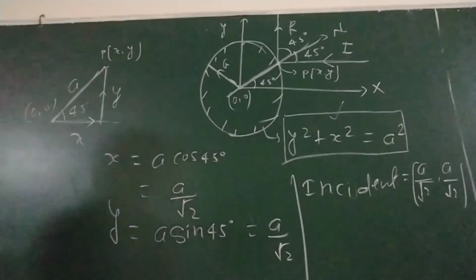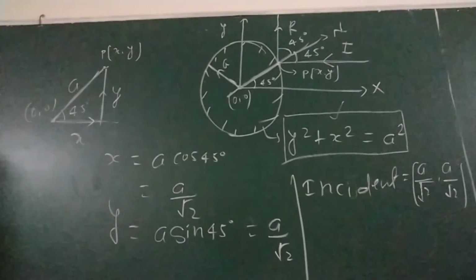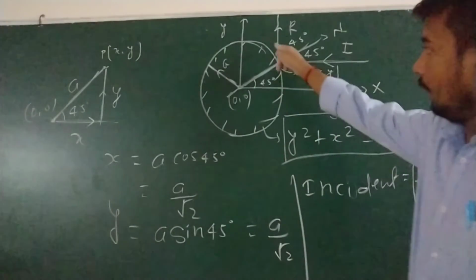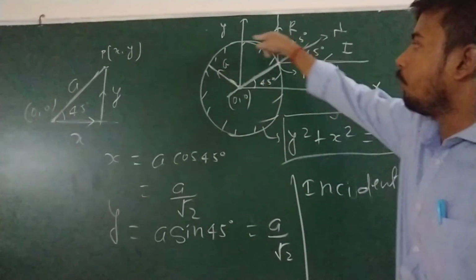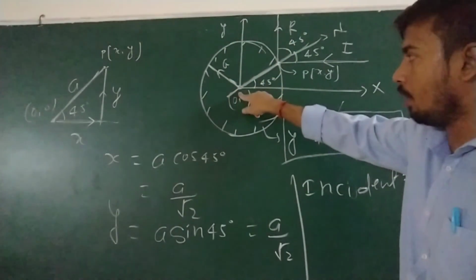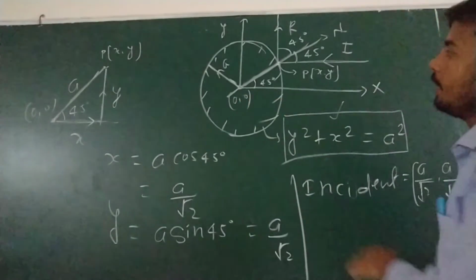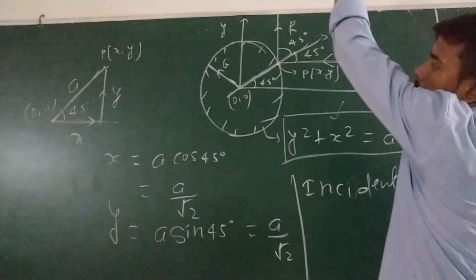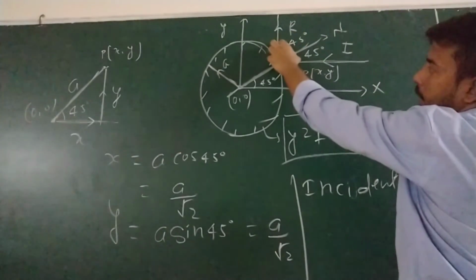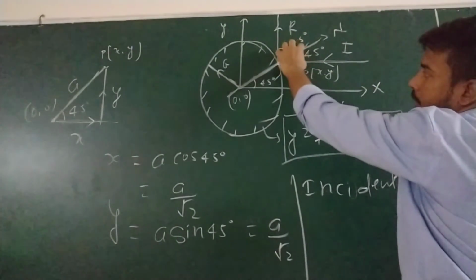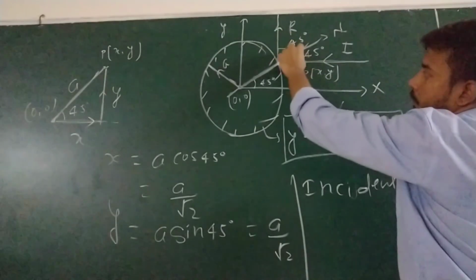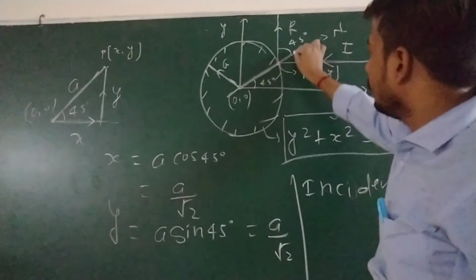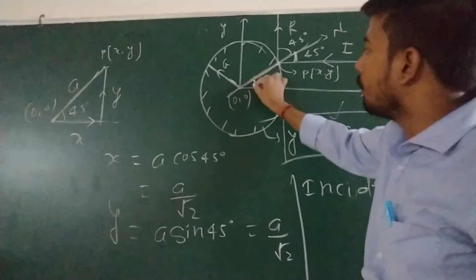Again I am explaining here. Please see clearly. This reflecting surface is given in the form of a circle. Its center is at the origin 0, 0 and its radius is a. Light coming horizontally becomes perpendicular after reflection, so the total angle is 90. Angle of incidence is equal to angle of reflection, so this becomes 45 and this becomes 45.